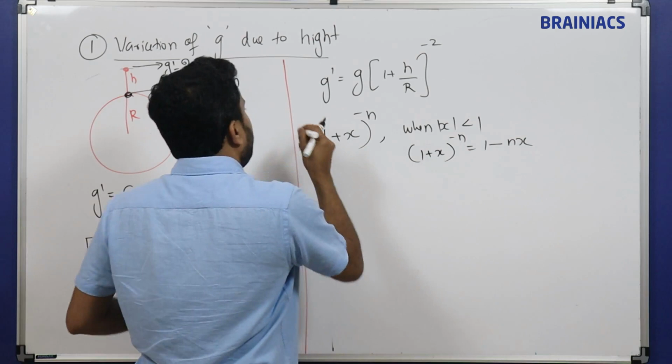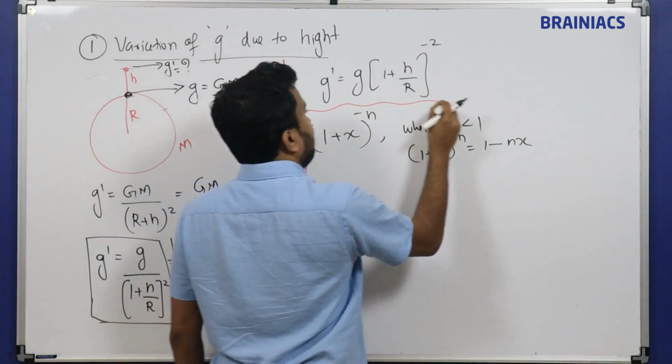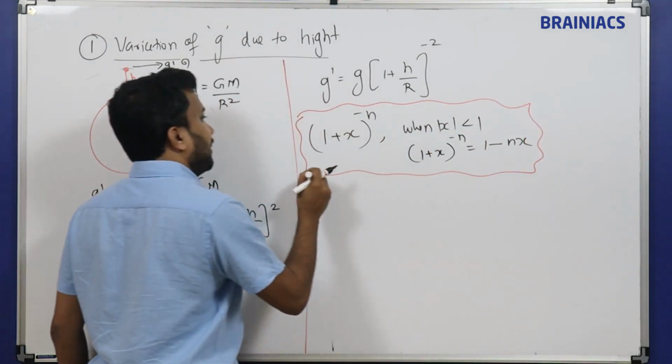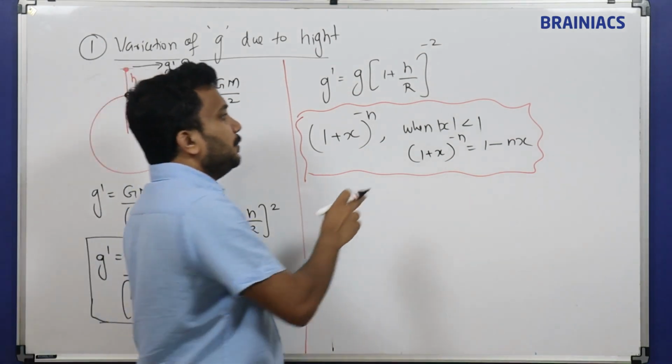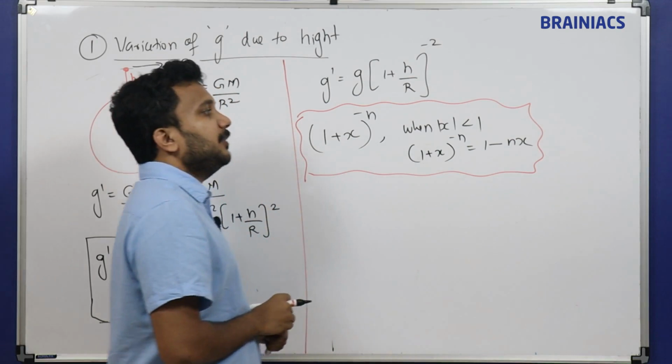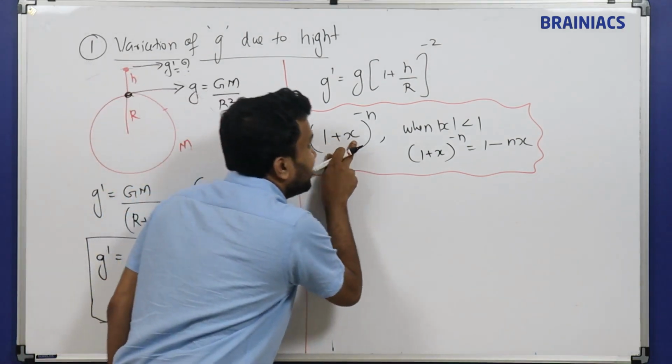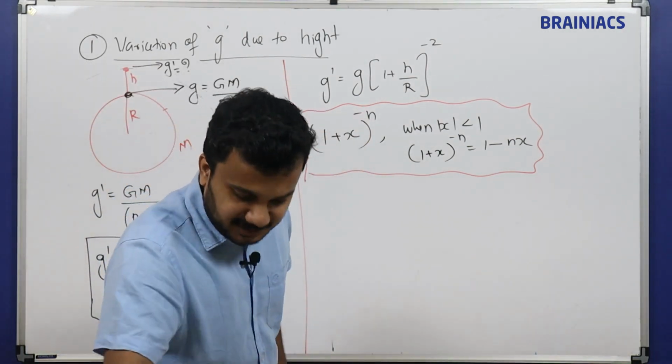This is a fundamental principle in mathematics. If you don't know, you have to write this down: 1 plus x raised to minus n equals 1 minus nx, when mod x is less than 1.